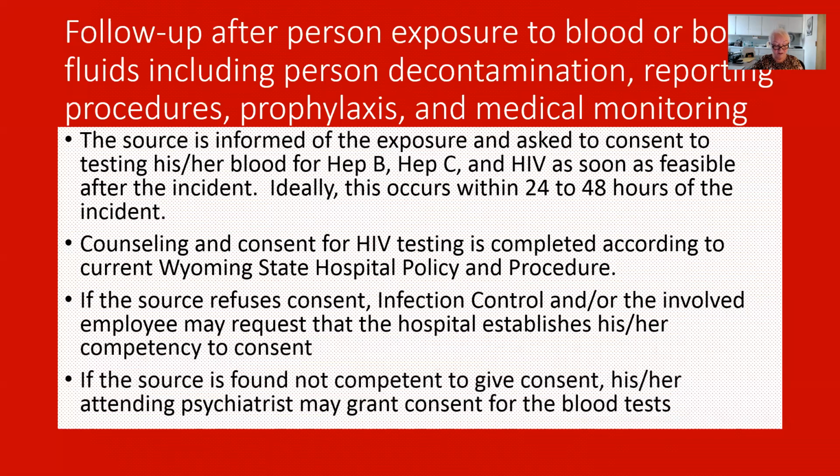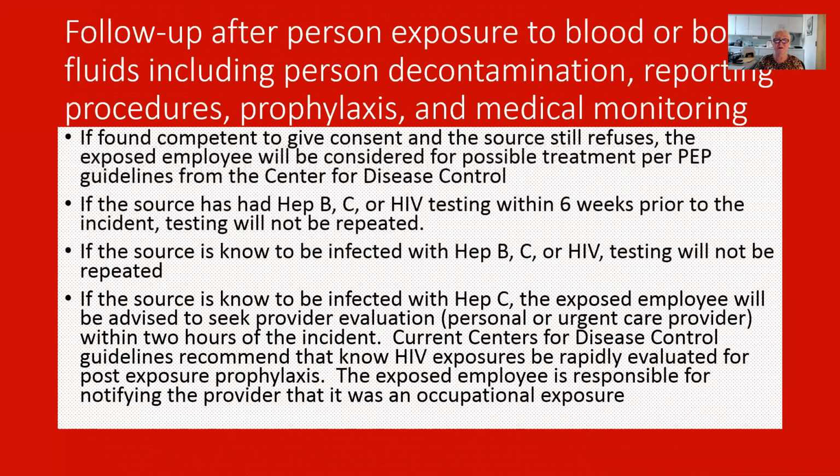Hep C has a 1.8% chance from needle stick or cut exposure to contract the virus. And HIV has a 0.3% chance from needle stick or cut exposure to contract the virus, and 0.1% from eyes, nose, or mouth. So the risks are fairly low in those particular situations.